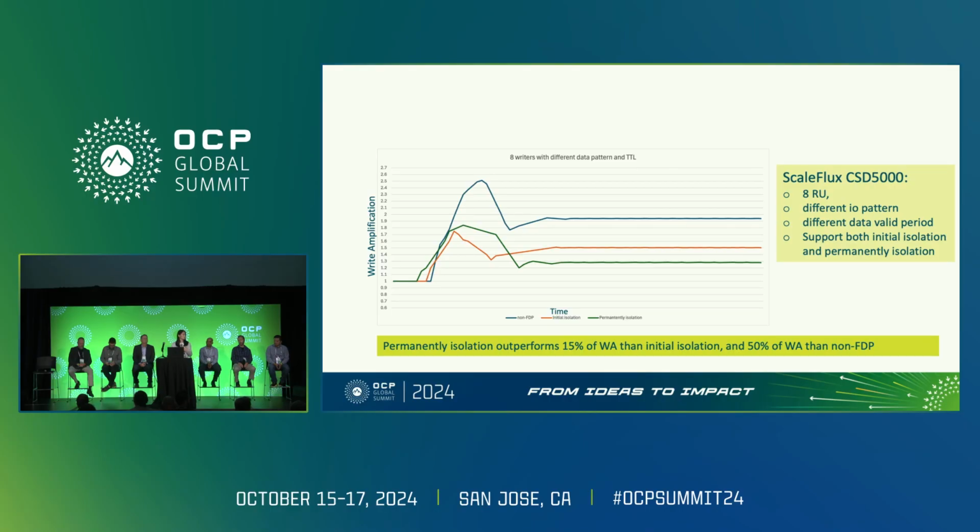So by these examples and test results, we can say permanent isolation FDP can keep reducing the WA in the real world. Yeah, that's what we want to share here. Thank you.